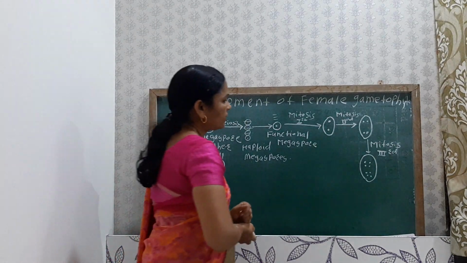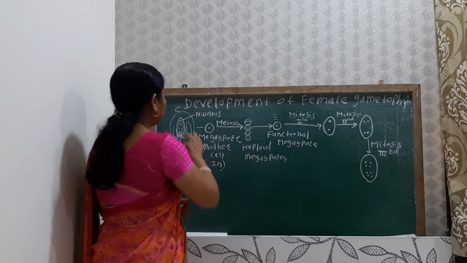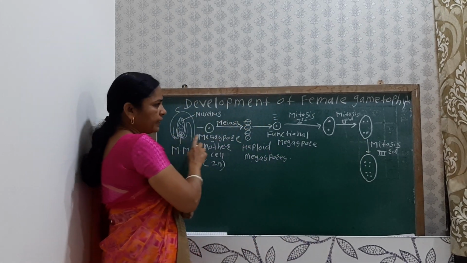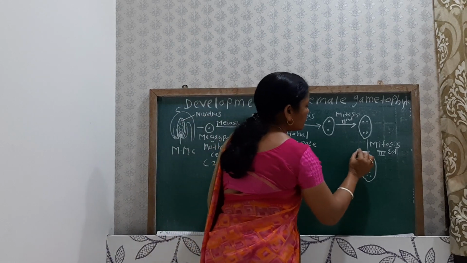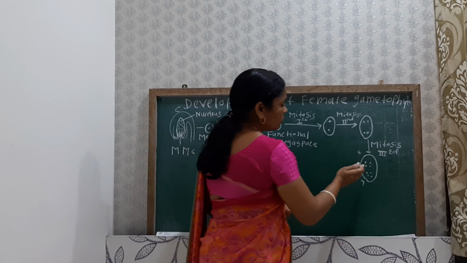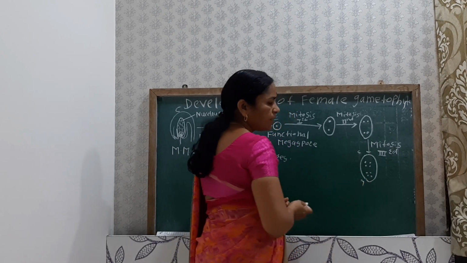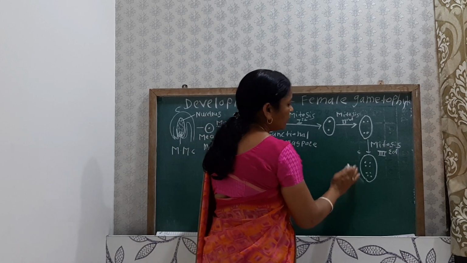See here, 4 nuclei are towards this chalazal end. Here is the chalazal end, and here is the micropylar end. So 4 nuclei are arranged towards the chalazal end and 4 nuclei towards the micropylar end.